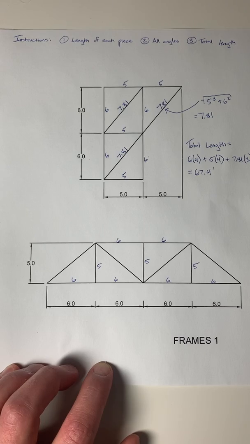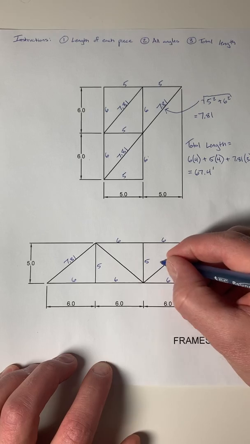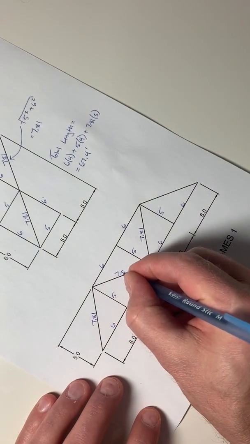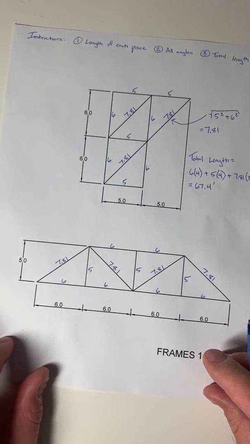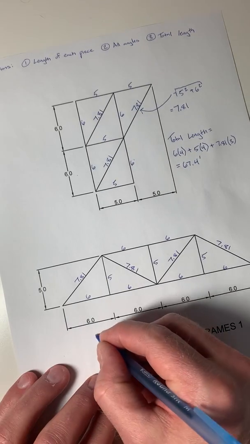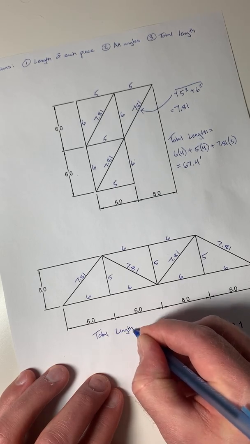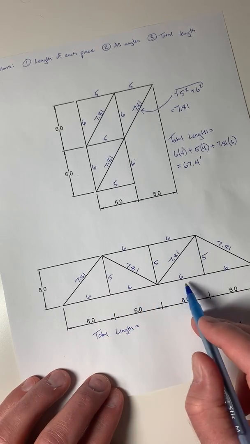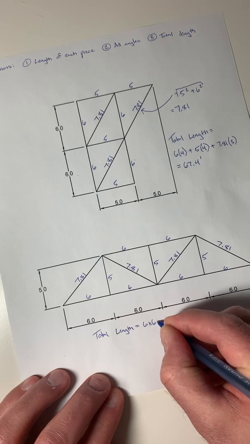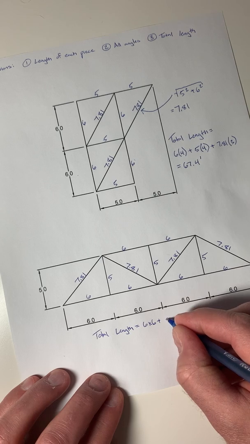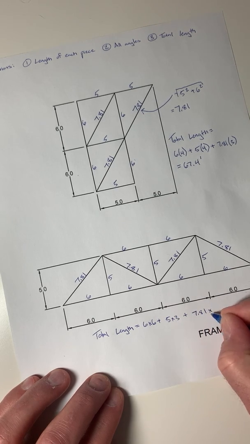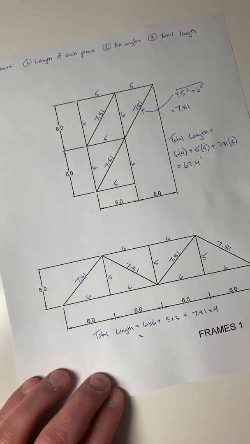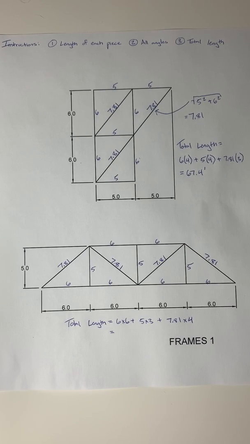I can use the formula from the top. 1, 2, 3, 4, 5, 6. 1, 2, 3. 1, 2, 3, 4. So this is 82.24 feet.